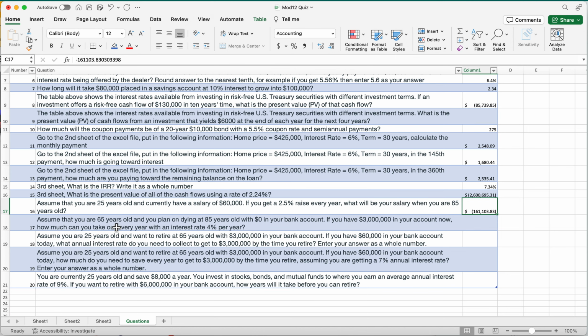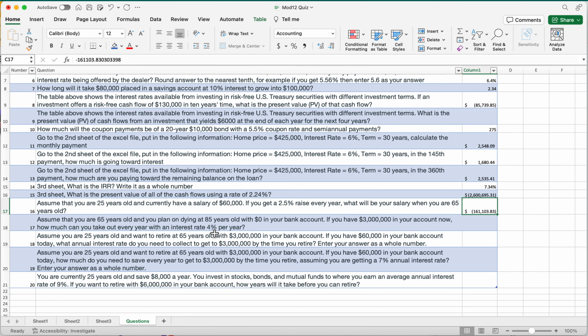Now, assume that you are 65 years old and you plan on dying at 85 years old with $0 in your account. Right now, you have $3 million in your account. How much can you take out every year if you have an interest rate of 4%? So for this one, present value is $3 million.